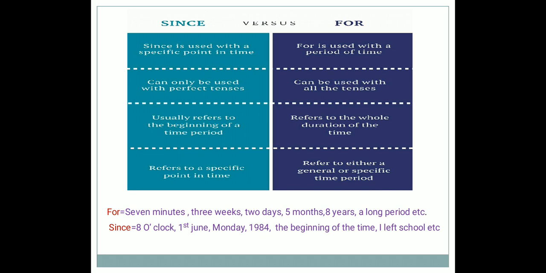Since usually refers to the beginning of the time period, or the starting point, while for refers to the whole duration of the time. Since refers to a specific point in time, whereas for refers to either a general or specific time period.